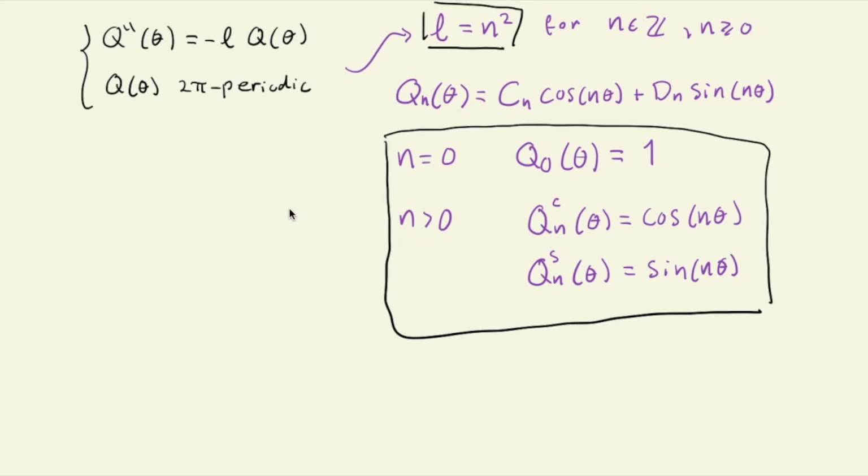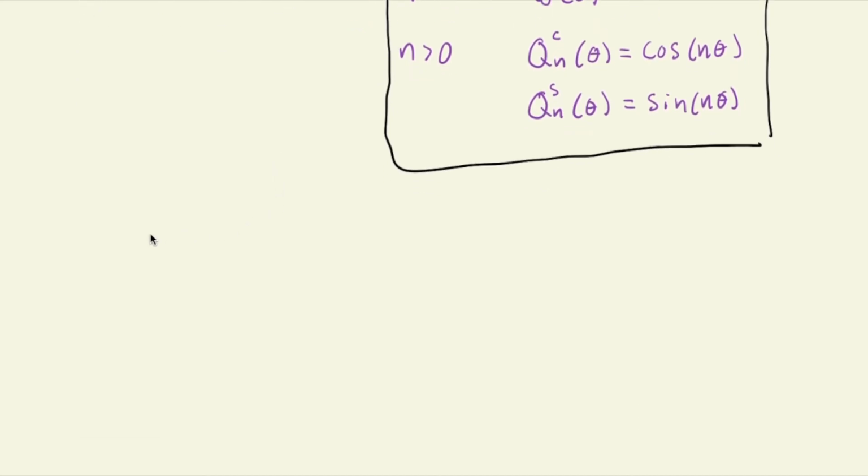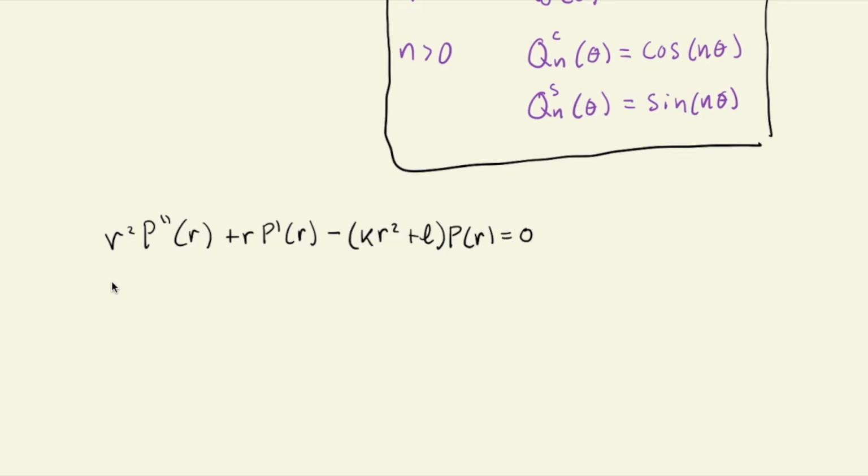All right. Now let's focus on the function p. The function p has to satisfy r squared p'' plus r p' minus (k r squared plus l) p is equal to 0, with p of R equal to 0 and p finite at r equals 0.